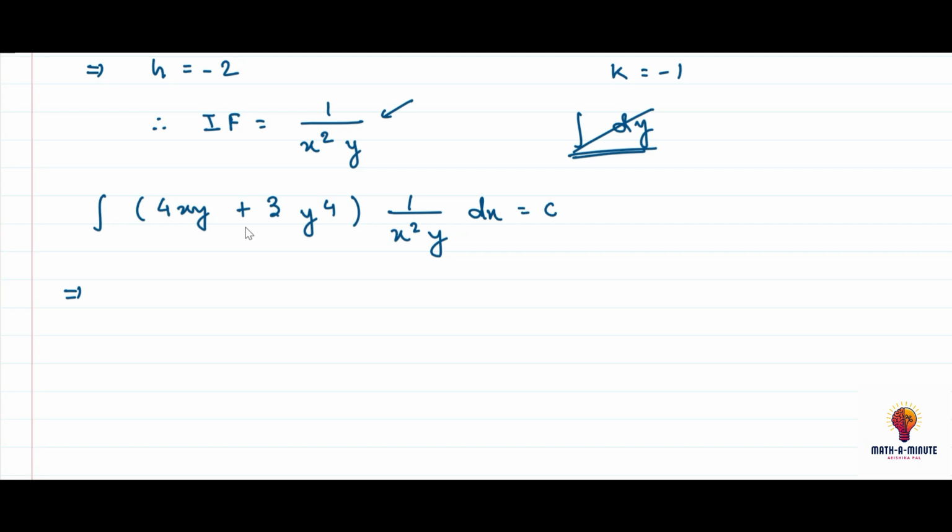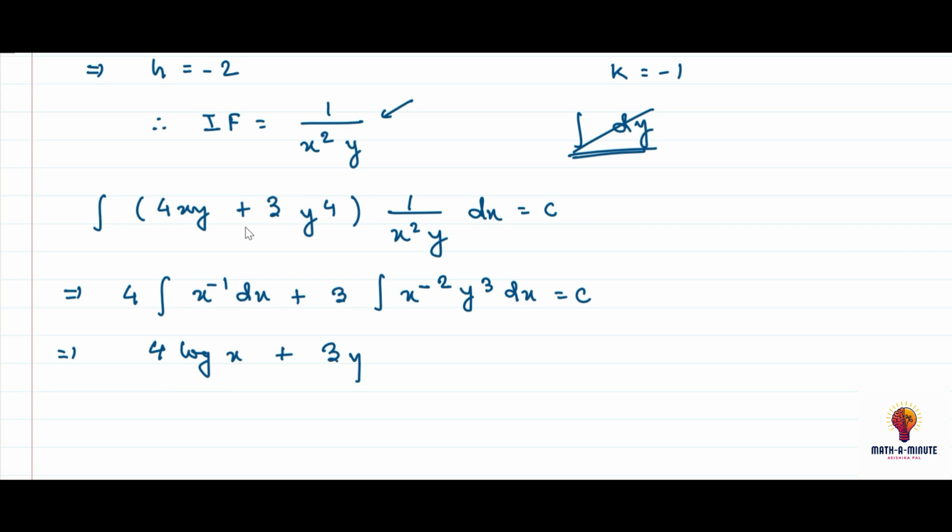So it will be 4 times the integral of dx plus 3 times the integral of y cubed dx equals c. Okay, so it will be 4 log x plus 3y cubed times x to the power minus 1 divided by minus 1 equals c.